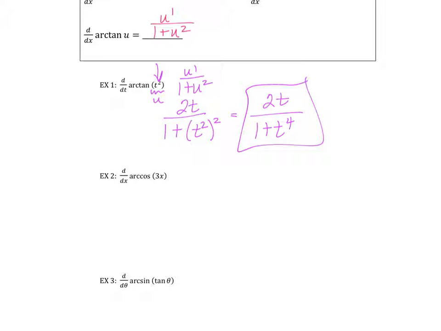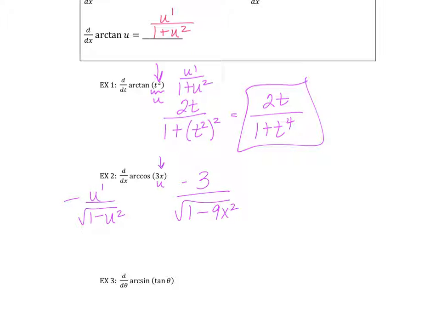The derivative of arc cosine of 3x. Arc cosine, what is that? That's u prime over the square root of 1 minus u squared, but it has a negative in front. This is my u, and you're probably fast enough that you can square 3x in your head. Make sure you square the number and the letter. So that's 9x squared. And then what is u prime?